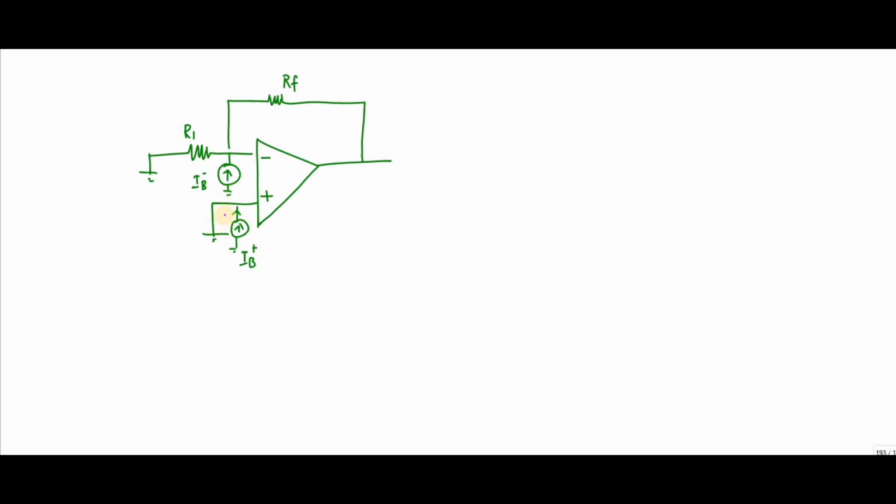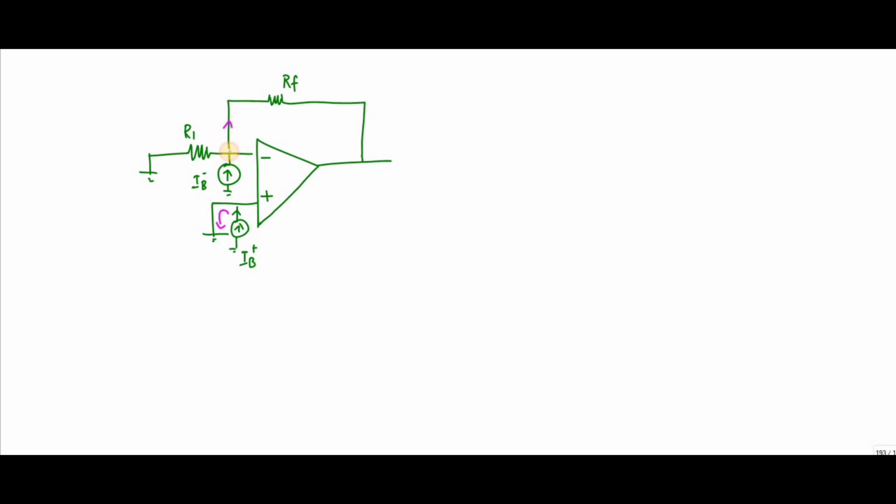Since this terminal is grounded, IB plus will not flow into this transistor. All the current will flow through this resistance.